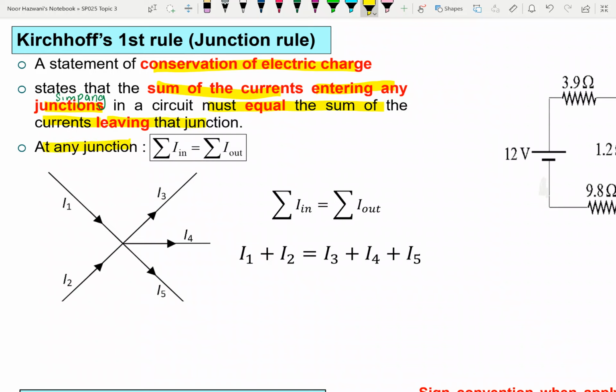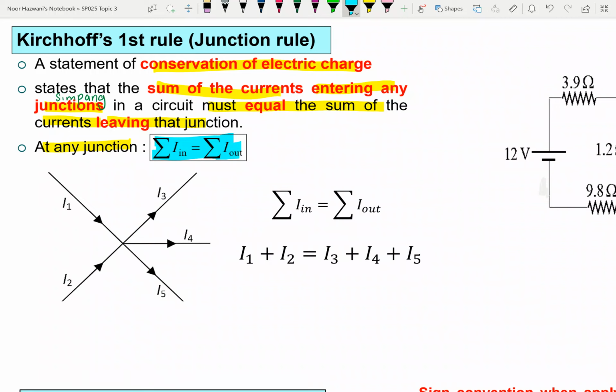Mathematically, at any junction, summation of I in would be equal to the summation of I out. Maksudnya current yang masuk that junction would be equal to the summation of the current leaving that junction.